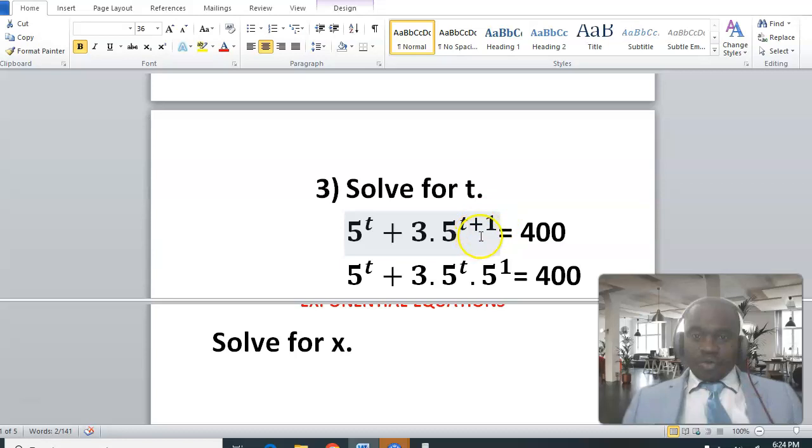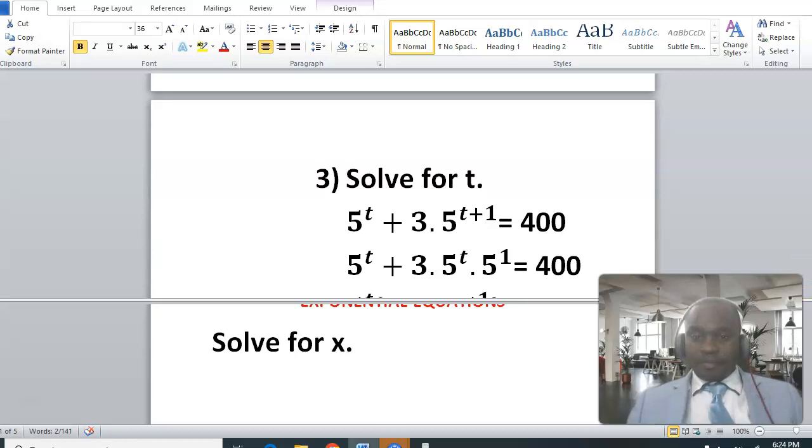First, remember we've done exponential expressions, we've done exponents, so we know how to expand this one. So we still have our 5 exponent t plus 3. Dot means times. This 5 exponent t plus 1, we can expand it to be 5 exponent t times 5 exponent 1 is equal to 400.